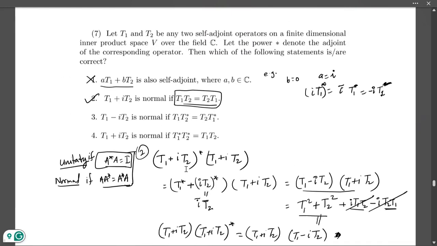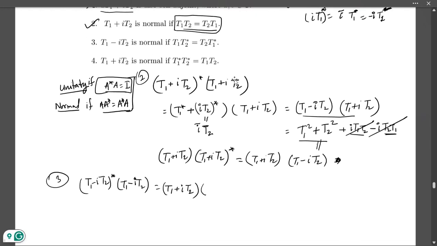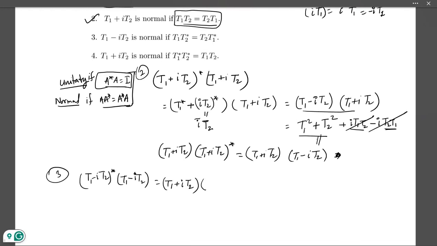Are they self-adjoint, or am I assuming T1 T2 are any two self-adjoint operators? Okay, they are self-adjoint. And this condition is the same, right? Because T1 star is T1 only, so they are the same condition in both.